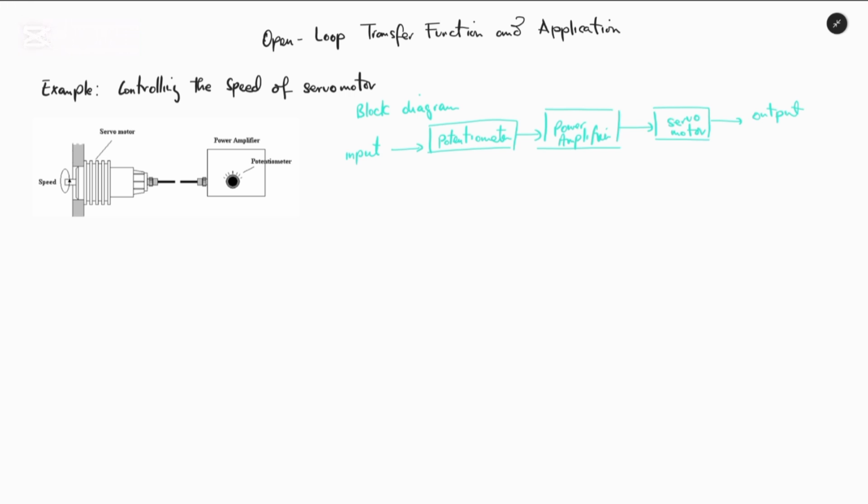So when we look at the input, that is our desired angle that we need to turn the knob.